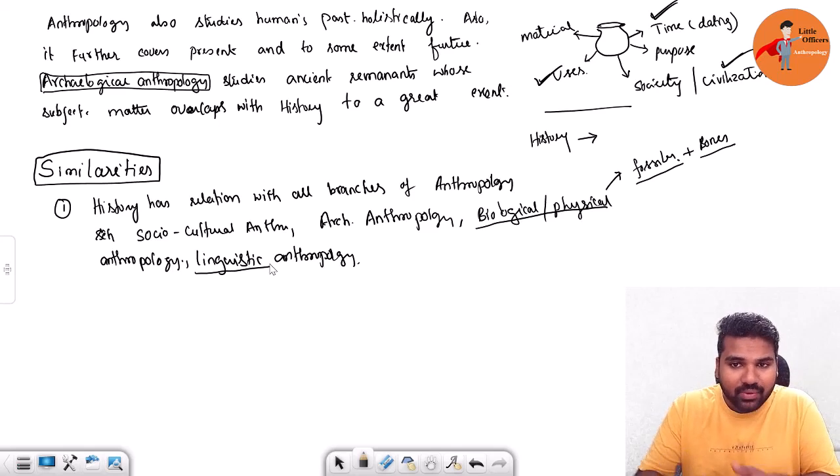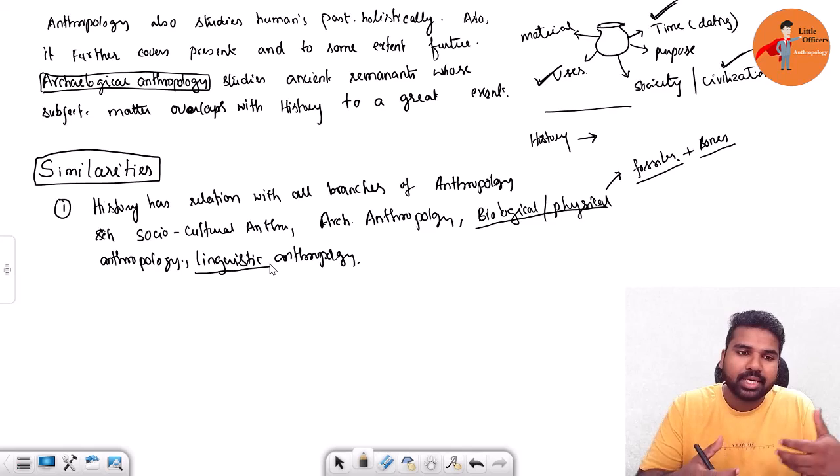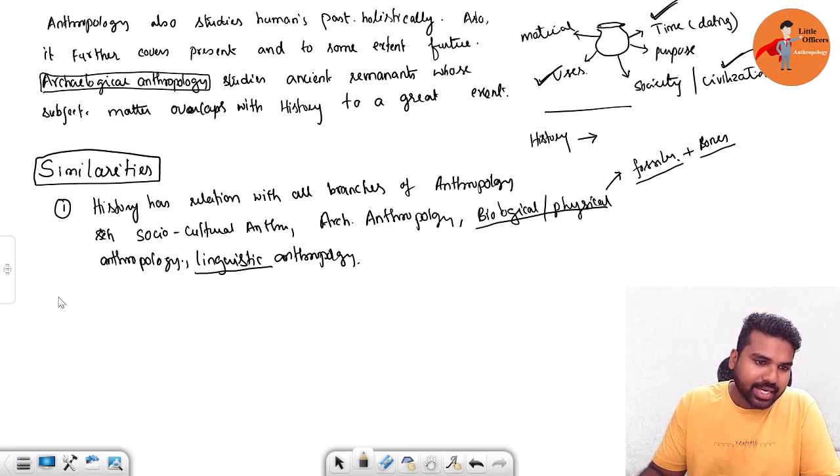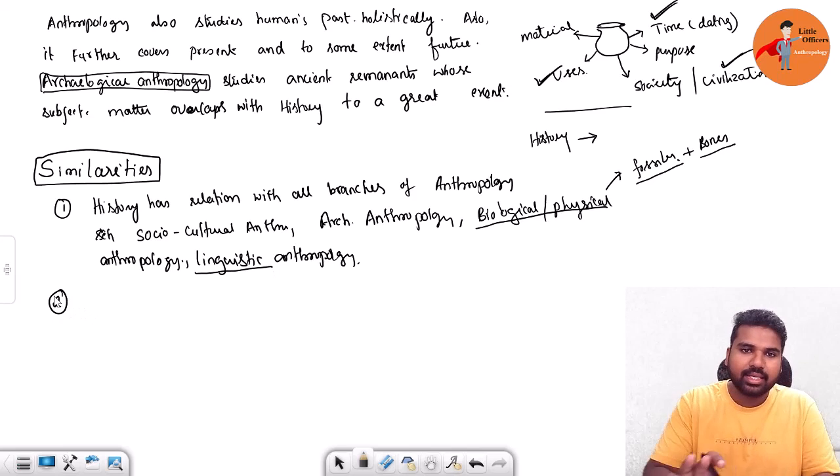And history requires language. History needs to decipher the language in order to study a particular society's records. Otherwise, it can't. So there is a link between linguistic anthropology and history. So this is one similarity point. Next, write the second point. I hope all the points are clear here.